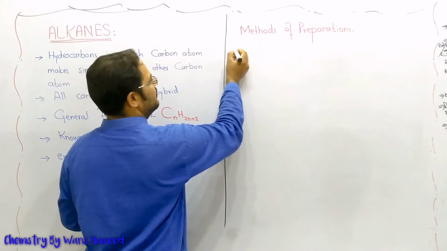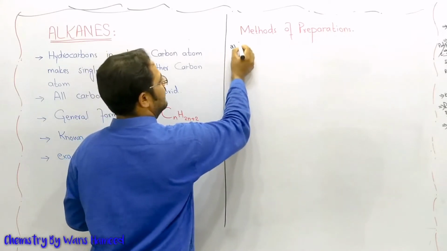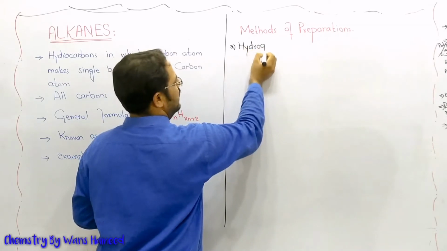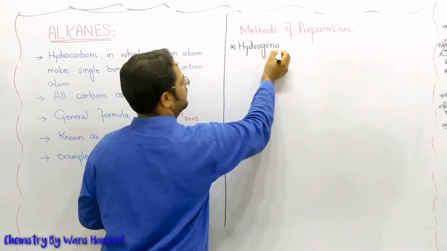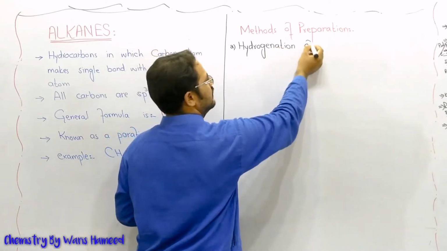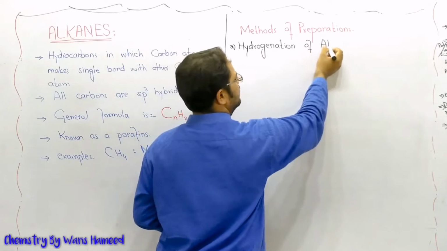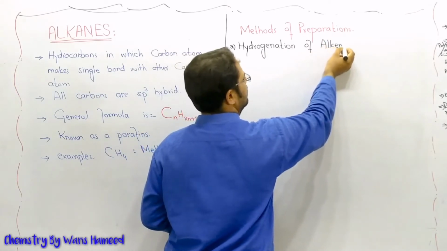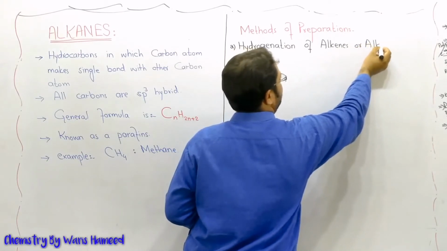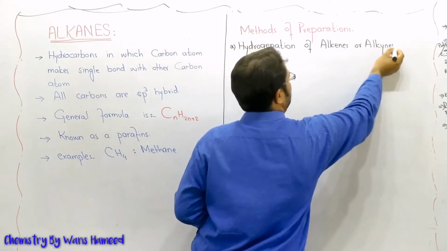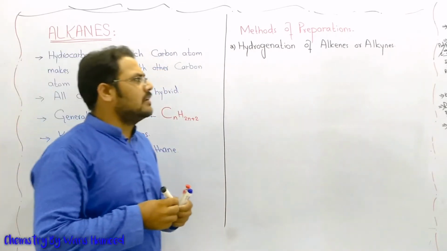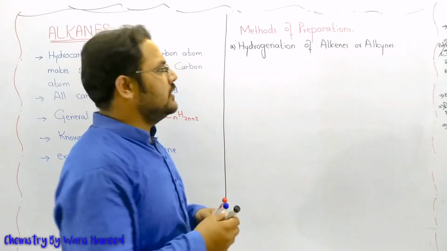So, naming the first method as hydrogenation of alkene or alkyne. We can prepare alkane from alkenes and alkynes by hydrogenation.